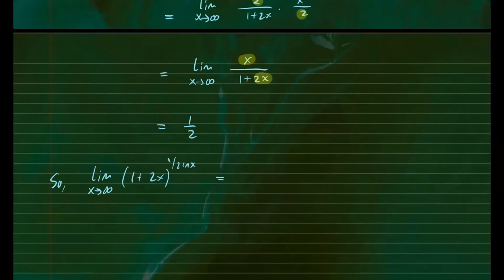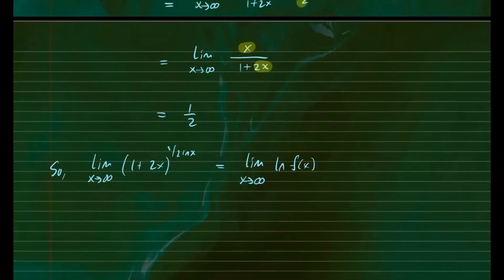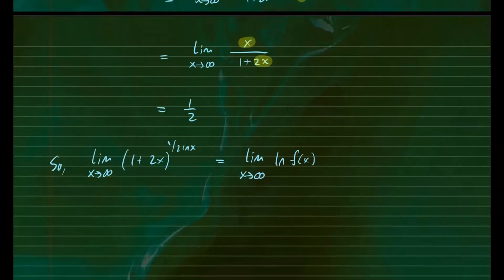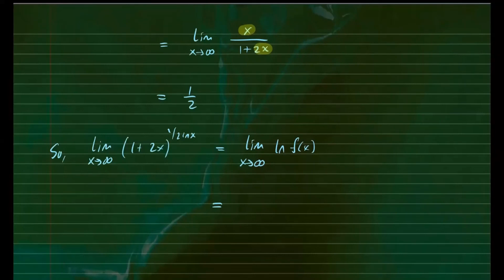And we rewrote it in terms of ln. So this is the limit as x approaches infinity of ln of f of x. Since you applied ln, you have to exponentiate as well. So therefore, you can also write the equivalent statement.